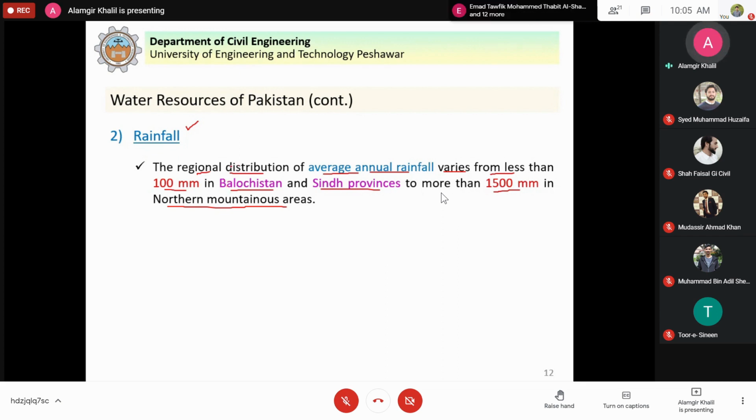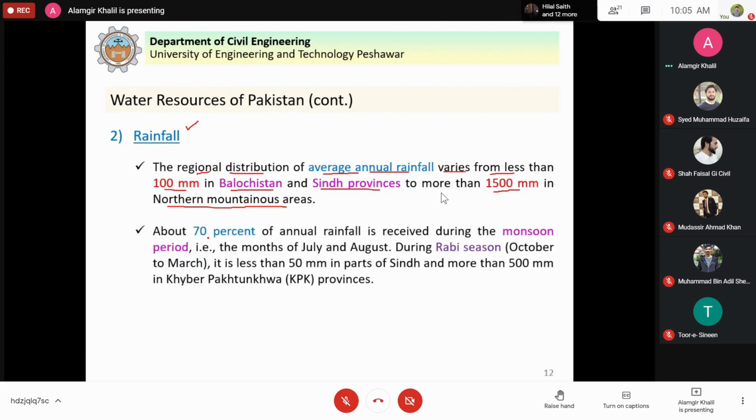Because of the non-uniform distribution of rainfall, about 70% of annual rainfall is received during the monsoon period. That is the months of July and August.